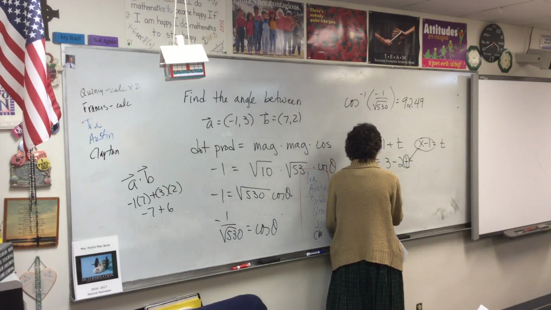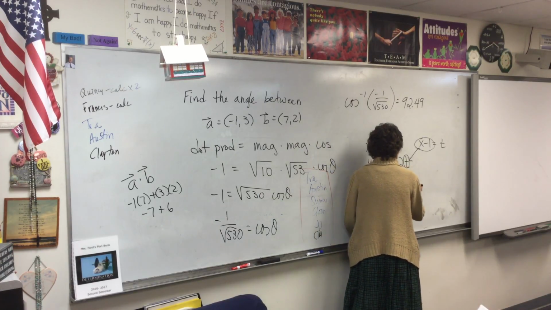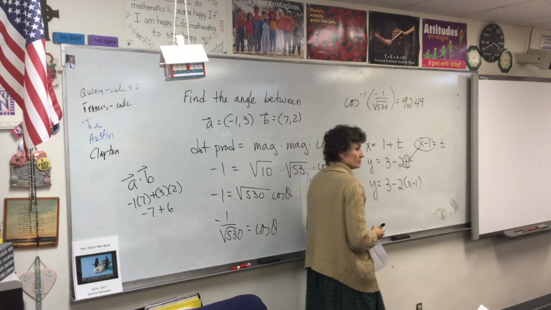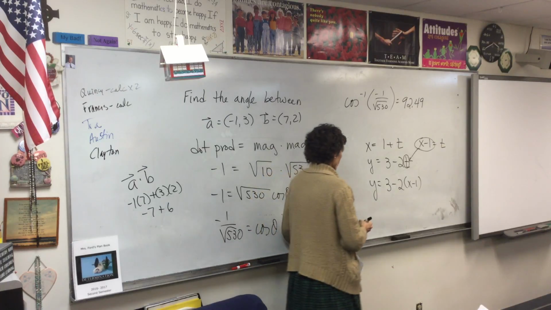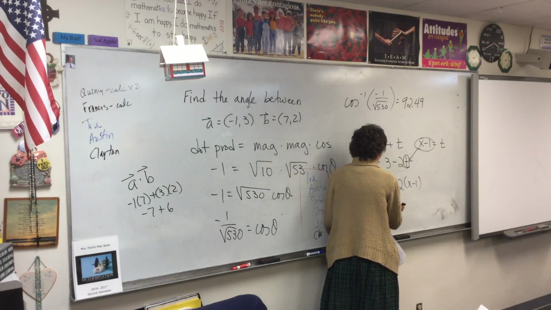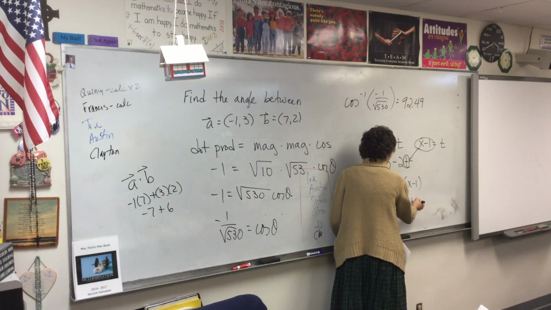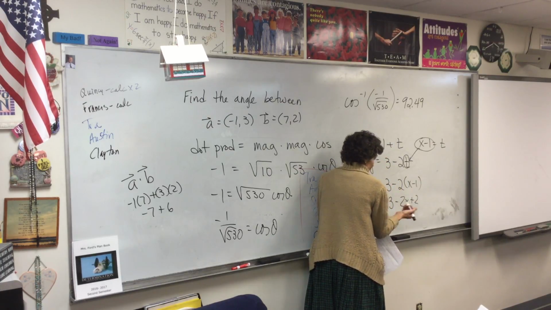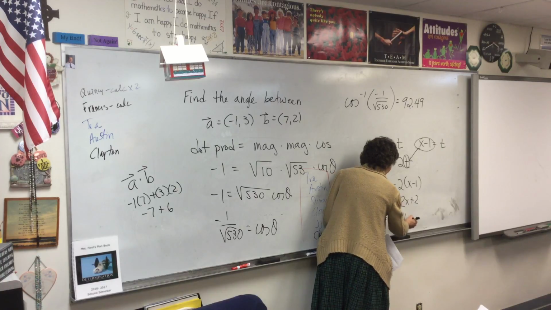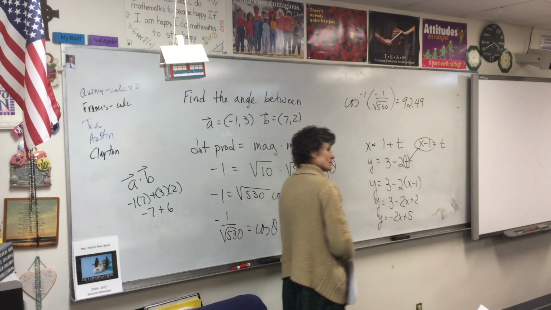So y equals 3 minus 2 times x minus 1. So y equals 3 minus 2x plus 2, which, to make it look like I like to see them, negative 2x plus 5.